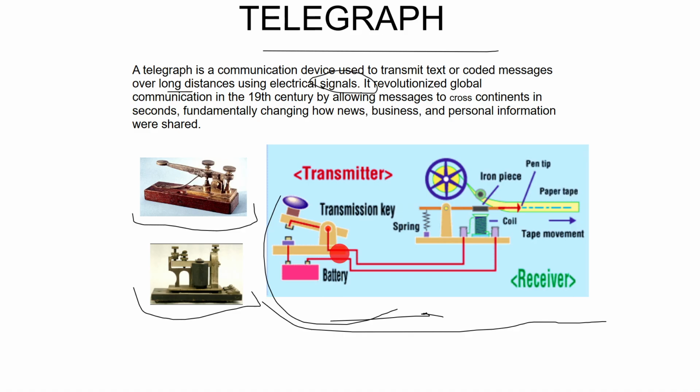And that signal will be sent over the wire to this receiving end, that's probably 1,000 kilometers away or very far, or wherever you want to send that information. And basically, what it will do is use electromagnetism, a coil, to electrically magnetize this coil.